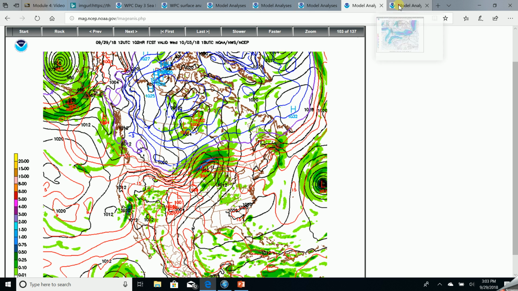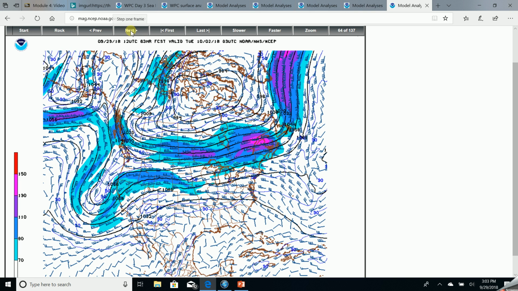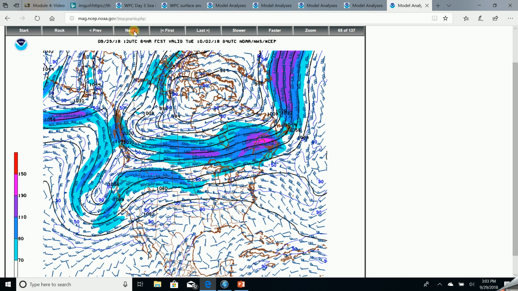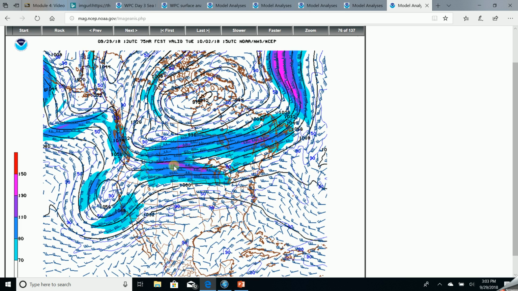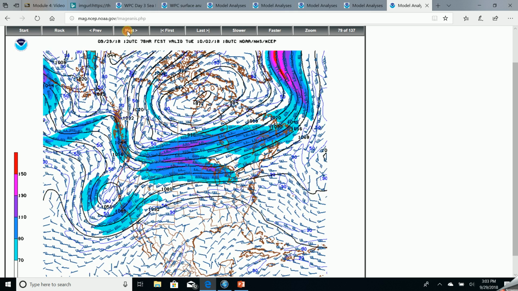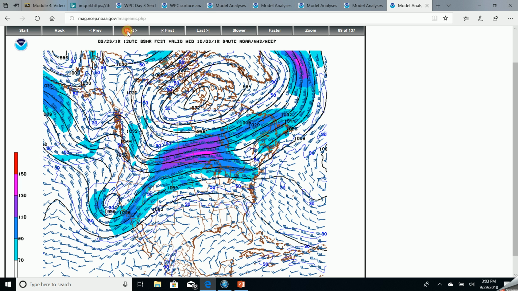And one final piece of the puzzle, if you look aloft, remember how I said these two kind of merge into one big jet stream up here? Look at how strong that jet has gotten. Over 150 knots right in here. And right in here is a very good divergence area, usually to the right rear, like a right entrance region of it where your particles are moving in.